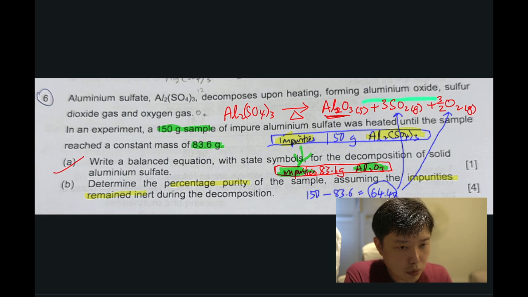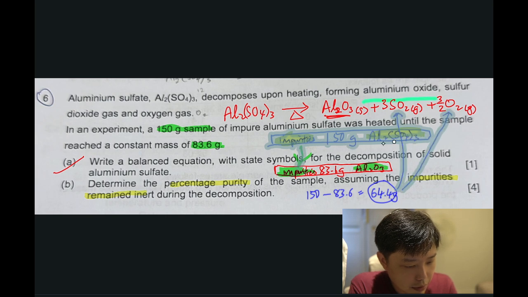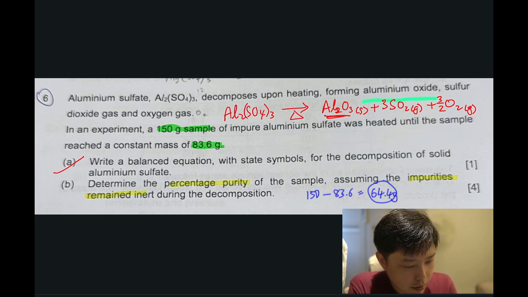So how do you go about doing this calculation? Let me just erase the diagram. Please jot down the diagram so that you have an impression. One way that you can solve this question is to let x be the number of moles of sulfur dioxide and also the number of moles of oxygen.